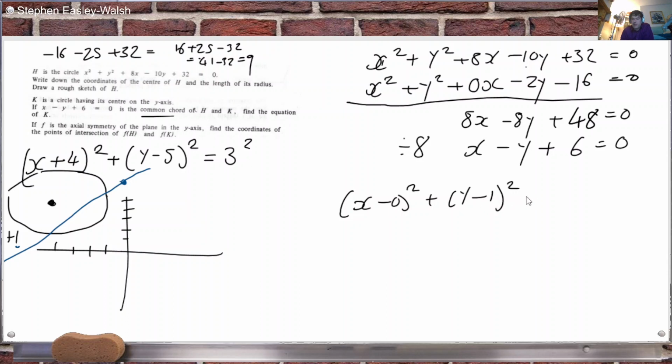I'll need a minus 1 here. Minus 1. And then so minus 17. So equals 17 then. I think that's it. Although I could have just left it in this form. I don't know if I need to know the center and the radius. Let's have a look. No, I don't. So I can just leave it in the previous form here.